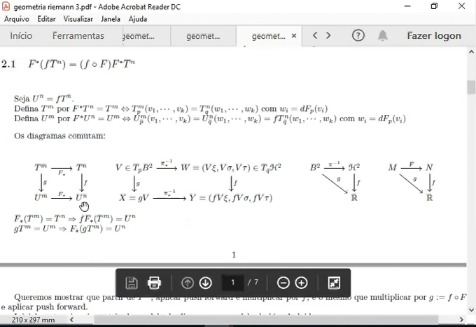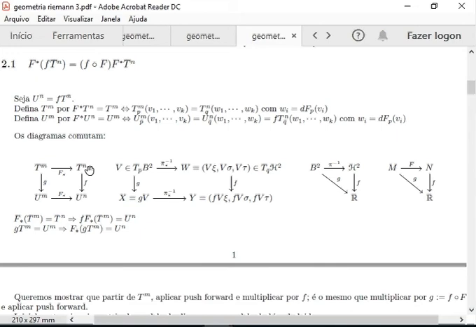So here's U_N, here's F, here's T_N. Define T_M by the pullback of F at T_N, which is equal to T_M if and only if T_P M V1 ... Vk is equal to T_Q N W1 ... Wk with W_i equals dF_P V_i.